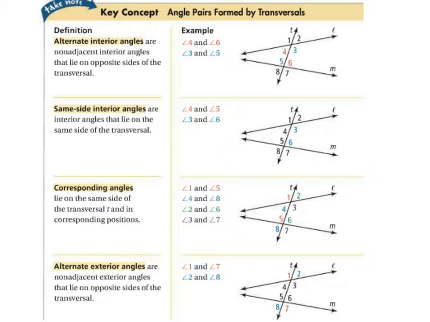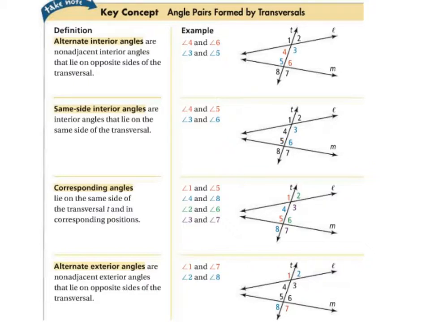All right, and what we're doing here is we're grouping these 4 together and these 4 together. They're kind of close together, so they kind of merge, but we've got this set of 4 on top and the set of 4 on bottom that we're grabbing 1 of each. So here the next one is same side interior. So I'm still working on the interior angles, these 4 on the interior, but I want same side. So that'd be 3 and 6, or maybe 4 and 5.